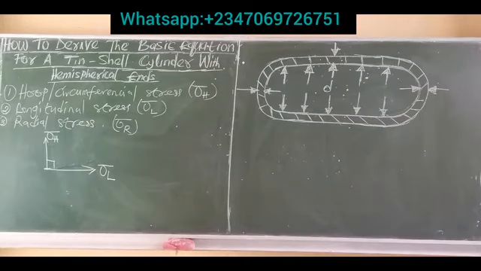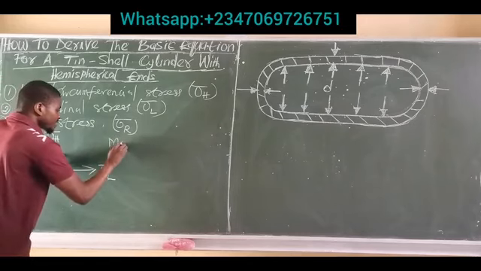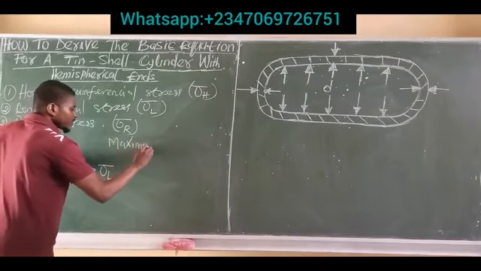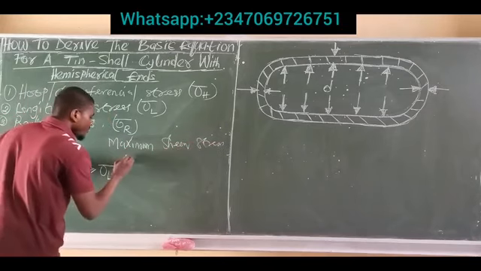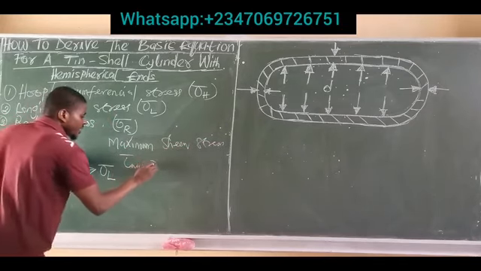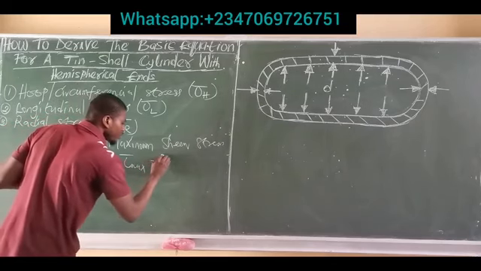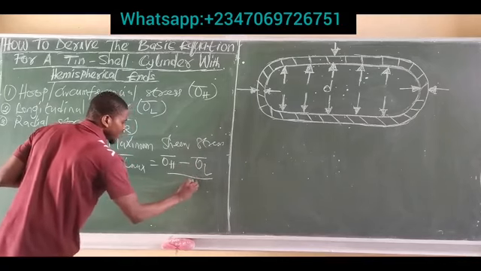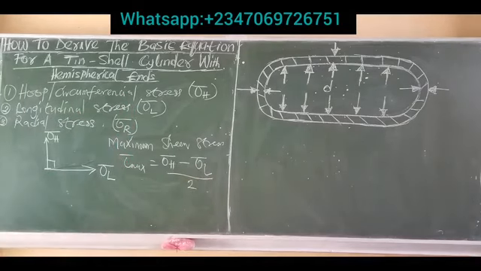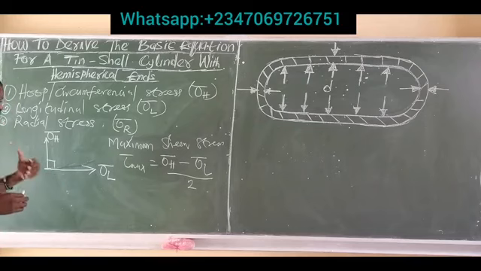Since they are principal stresses, we have the maximum shear stress between the two principal stresses. The maximum shear stress, tau max, is always taken as the hoop stress minus the longitudinal stress divided by 2. So this is the equation to find the maximum shear stress between the hoop stress and the longitudinal stress in a fluid inside a cylinder.